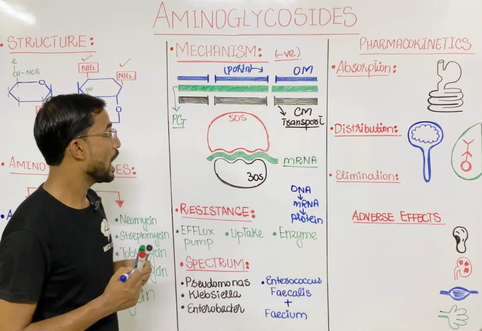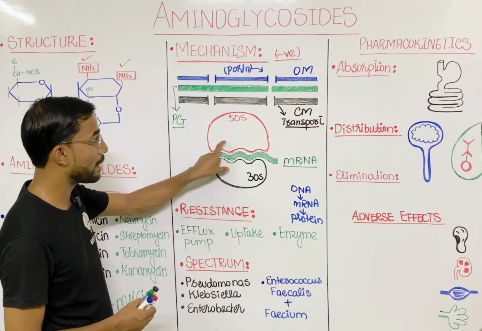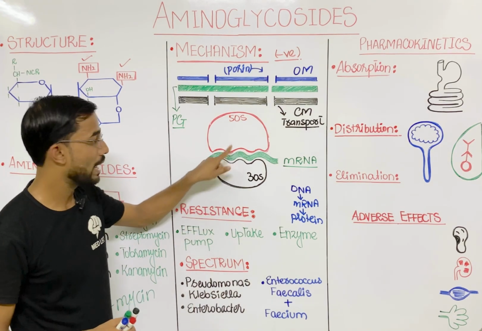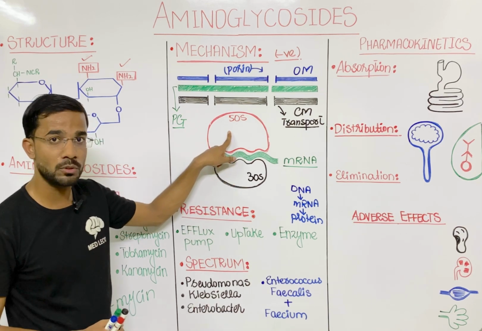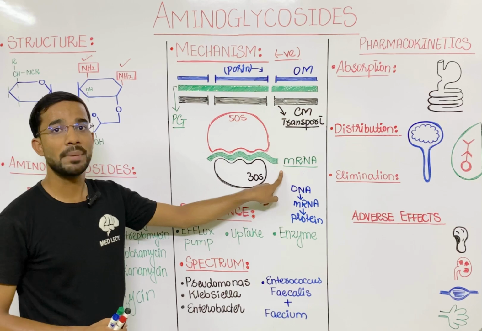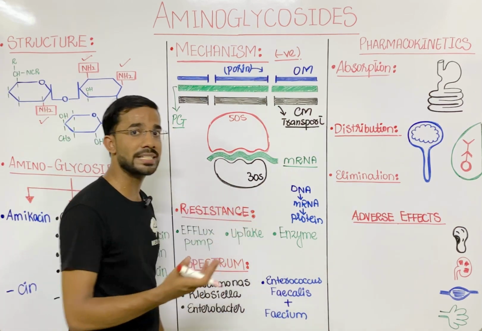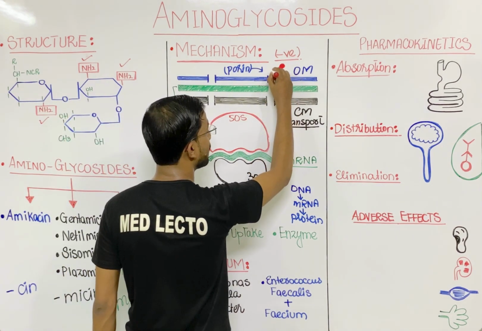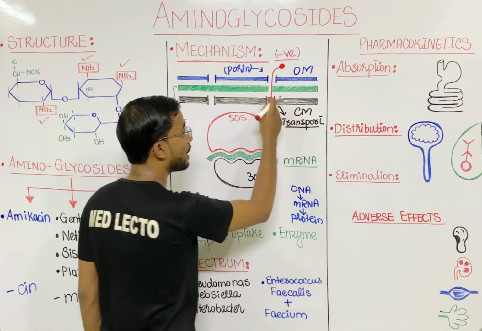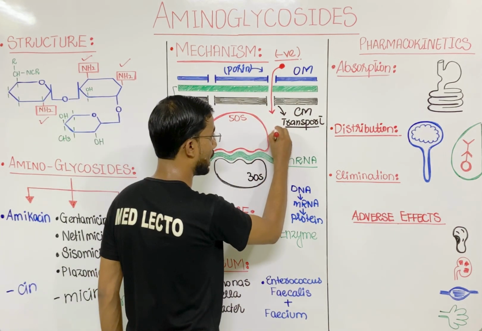We will see how. First of all, for the translation of the protein, this complex should be formed, like the 30S subunit along with the 50S subunit, and in between them you will see the messenger RNA. So basically, first of all, if the patient takes the aminoglycosides, they enter through the porins and through the special transport system into the bacterial cell.